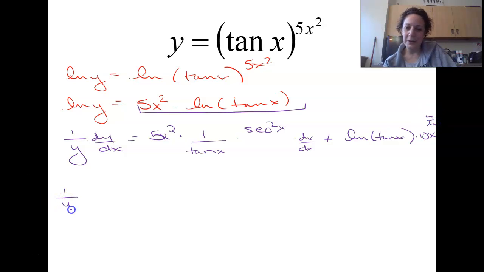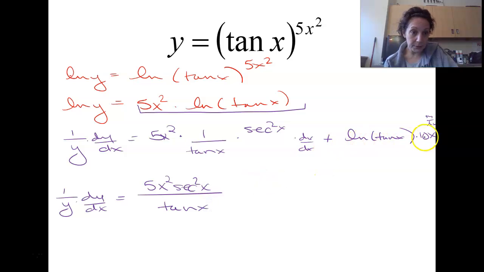All right, so if we clean it up a little bit, I've got 5x squared secant squared x over tangent x plus 10x ln of tangent x.